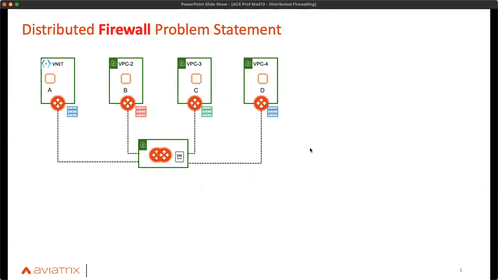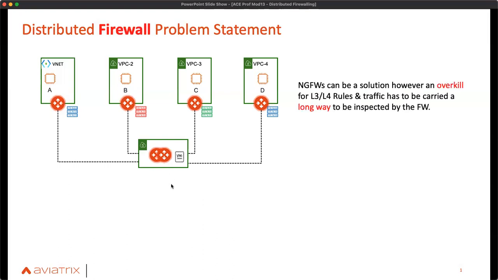Somebody can say, well, we already talked about FireNet and did a lab on it, and it's a possible solution to the problem. However, there are many things.